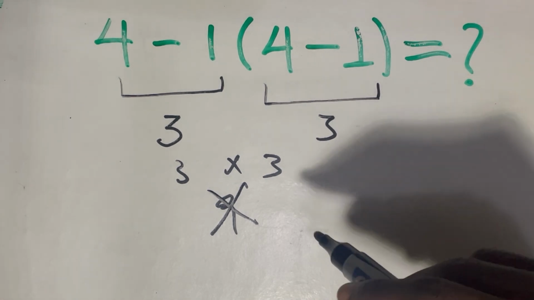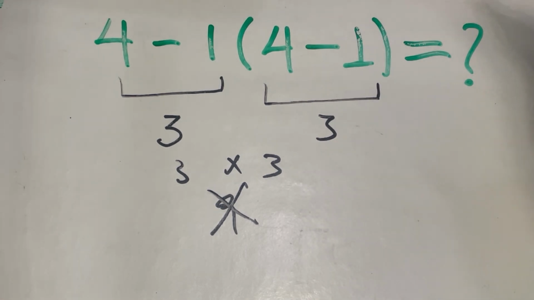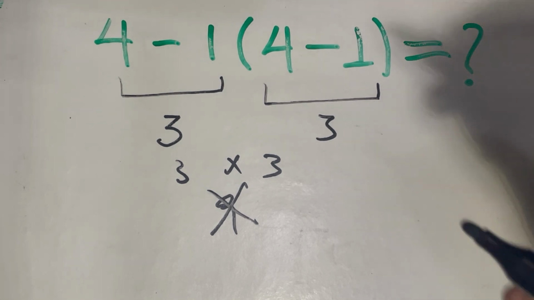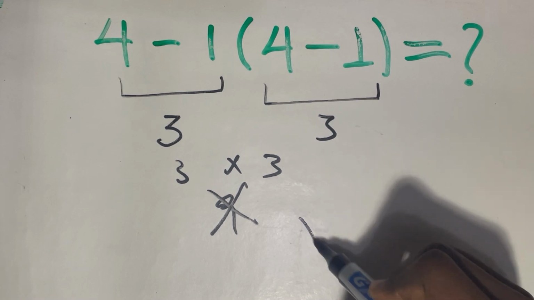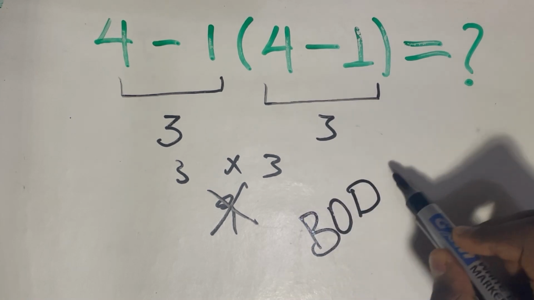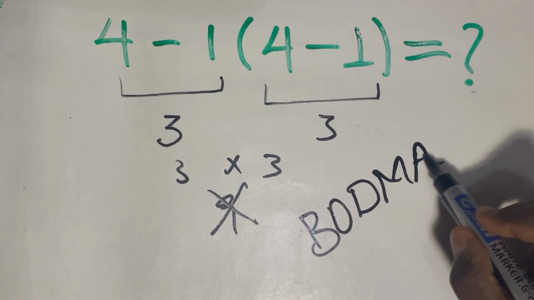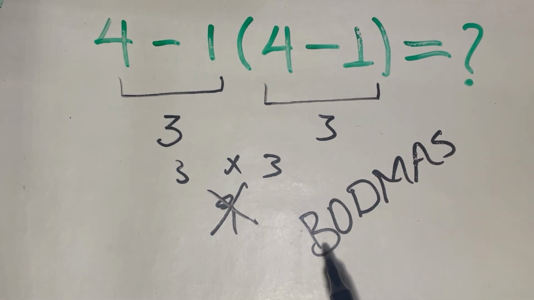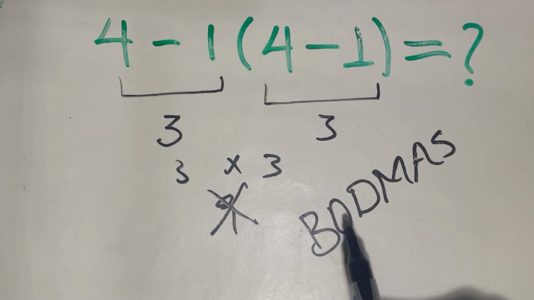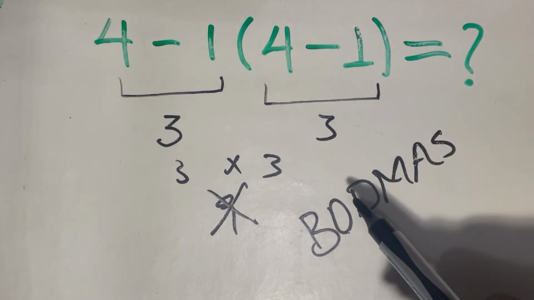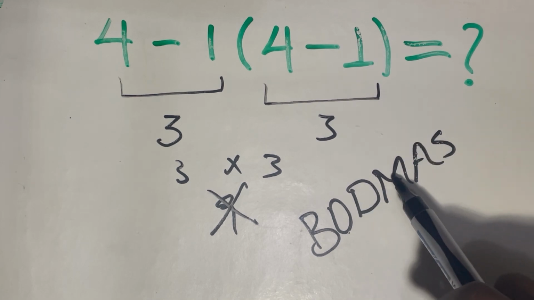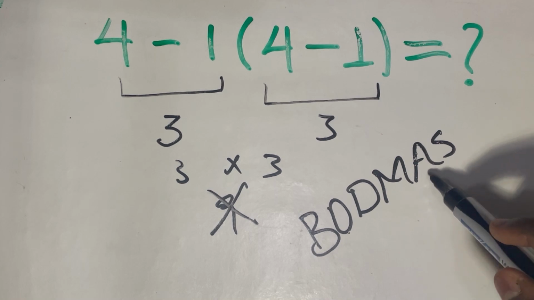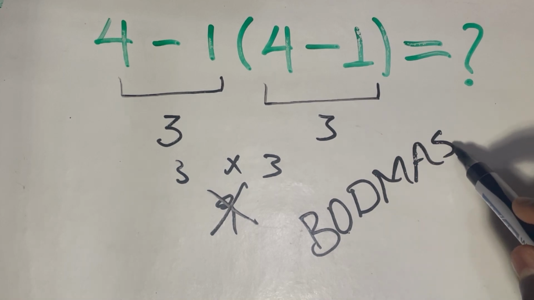So here is the tricky part. In maths, we have an operational rule which is called BODMAS. This stands for bracket, this stands for order, this stands for division, this stands for multiplication, this stands for addition and subtraction as well.